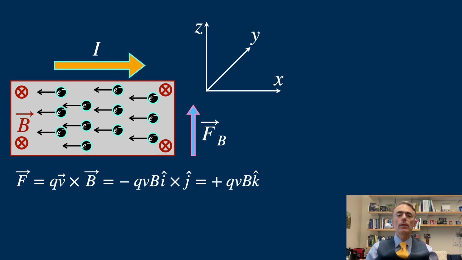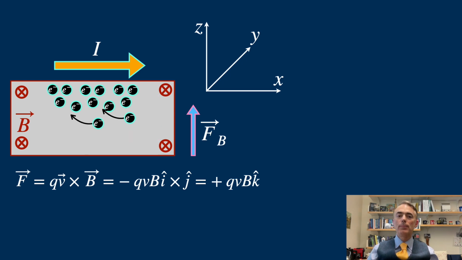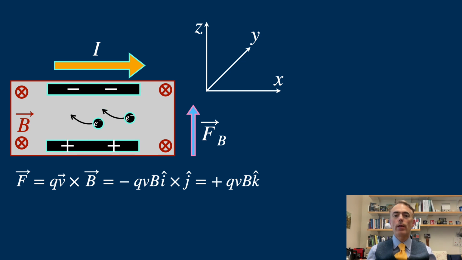Since the magnetic field is pointing along the y-axis and the electrons are moving along the x-axis, the force from the magnetic field pushes them towards one side of the slab. This buildup of electrons on one side causes a negative charge to accumulate there, while the opposite side of the slab becomes positively charged.